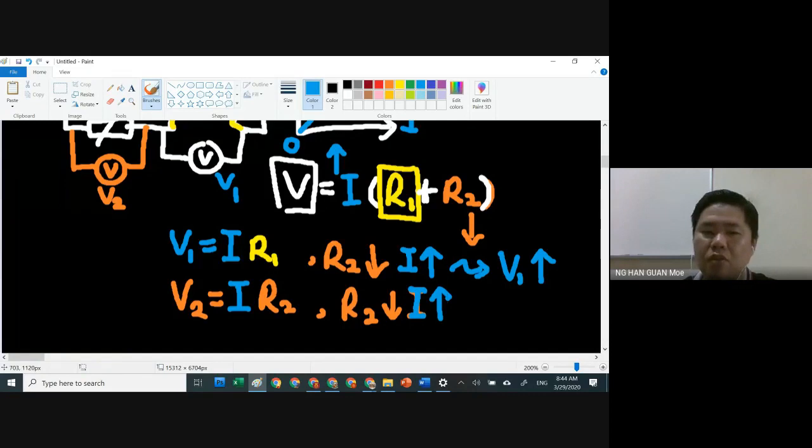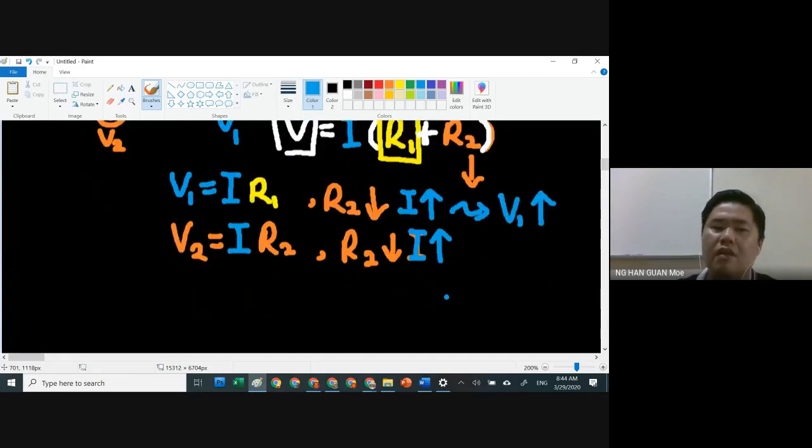Now I want to ask you, what happened to the output? Actually, now you can see the result here. We adjust and lower down the output, then the effective I increases. And then the V2 is determined by the effective I multiplied by the output.